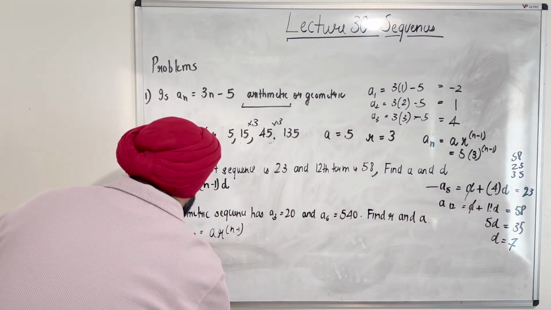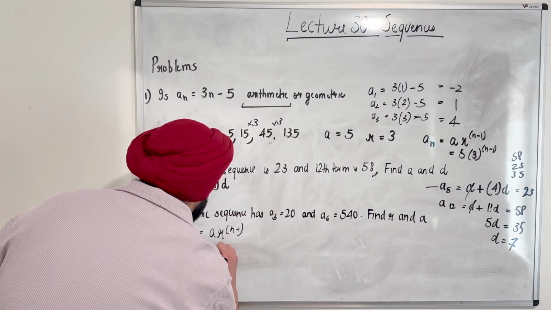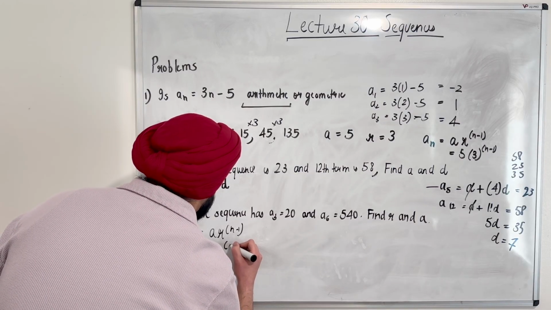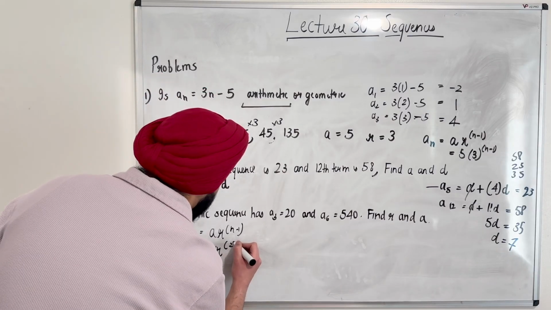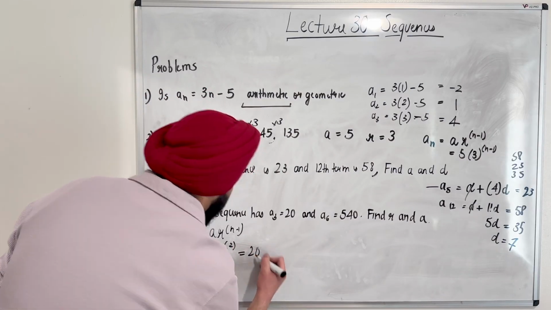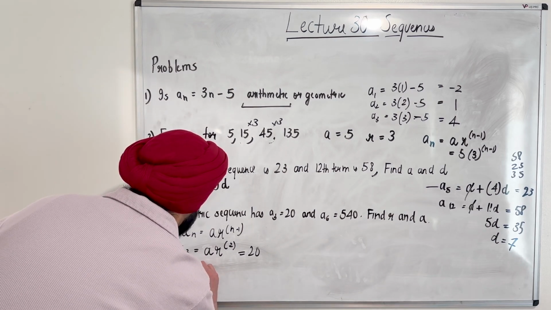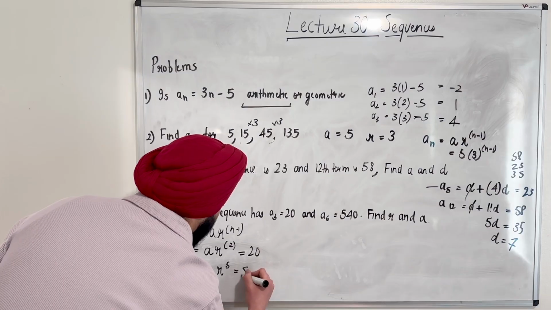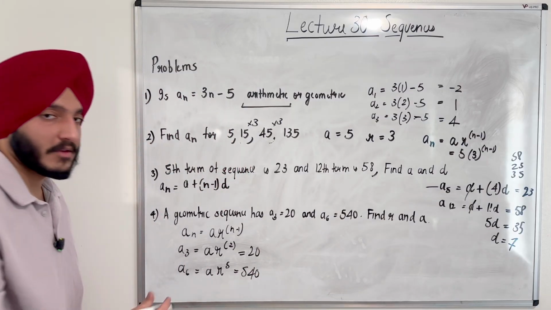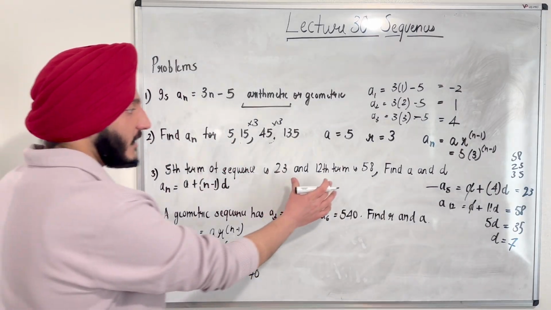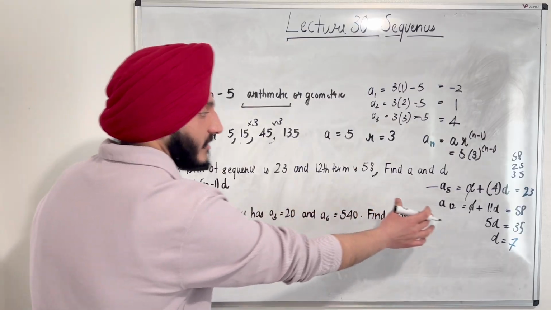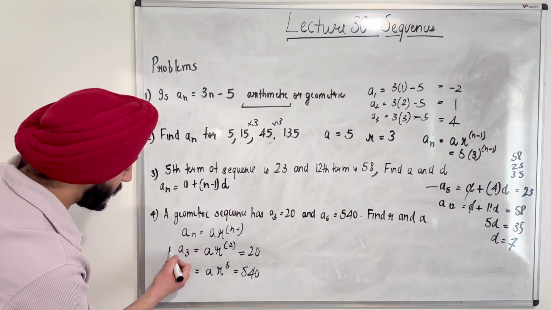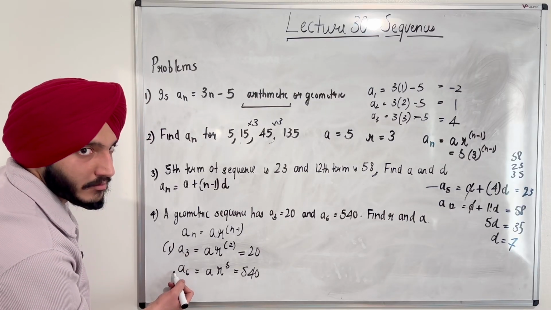So a3 is a multiplied by r to the power of 2, which is 20 in this case. a6 is a multiplied by r to the power of 5, which is 540 in this case. In the arithmetic progression case, I simply subtracted one equation. In this one, I'll divide this equation by this equation, right?